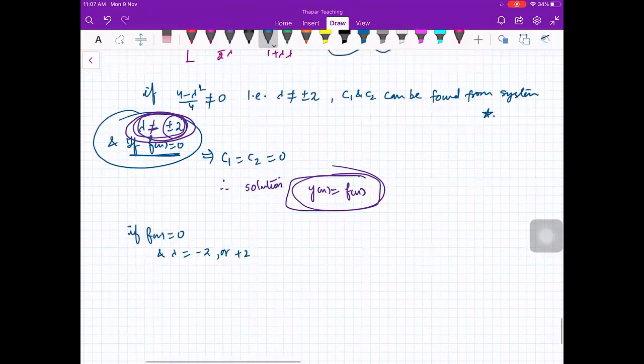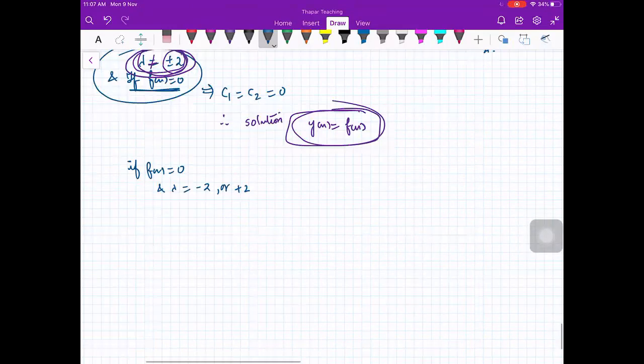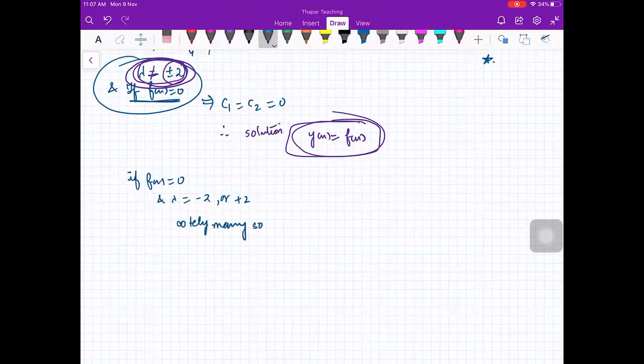Yes, ma'am. Okay, in that case you will get infinitely many solutions. Why? Because if f of x is 0, it is a homogeneous system, and a homogeneous system can never have no solution. Fine, 0, 0 is always a solution. So in this case you will get infinitely many solutions. Is that okay to everybody, beta?